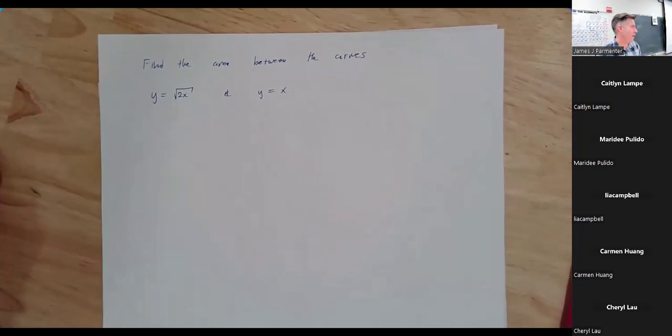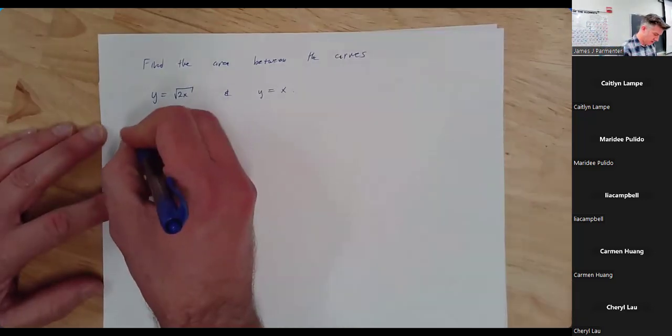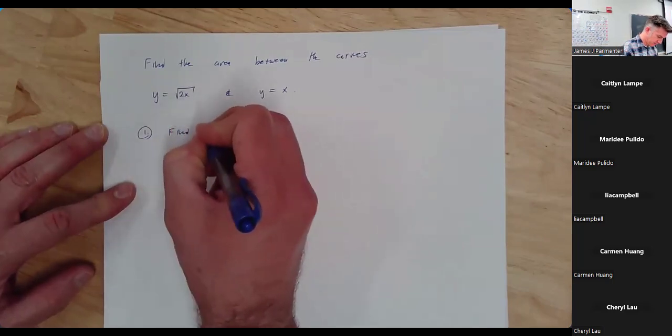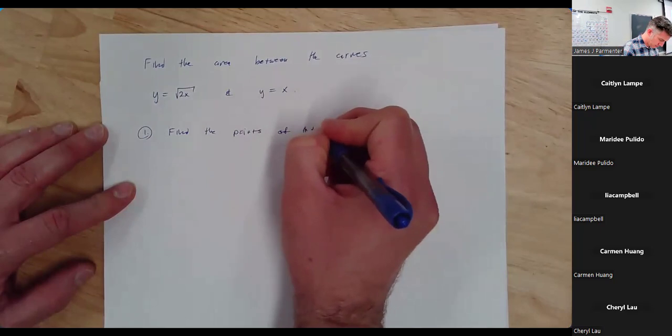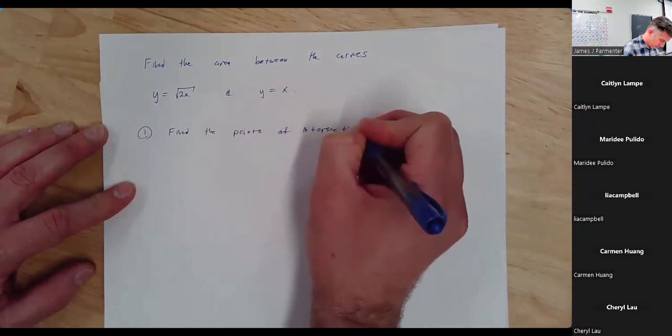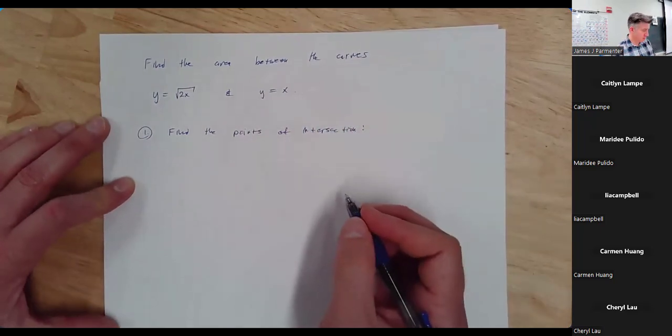And we didn't want to draw it. Well, as long as it's just two curves, you can usually get away without drawing. So the first thing we're going to do is find the points of intersection. So set the two functions equal to each other.